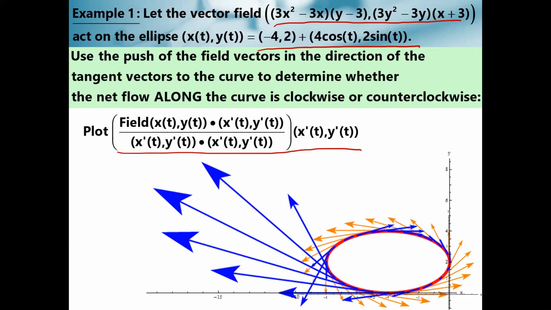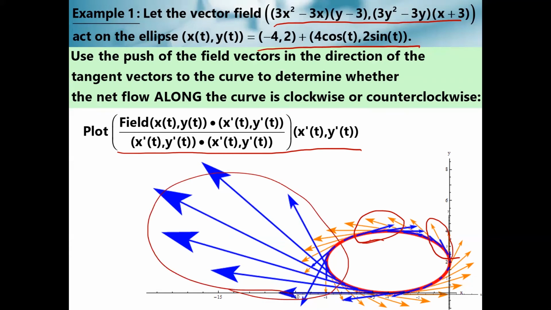And you could see, if you compare the direction of the tangent vectors with the push of the field vectors in the direction of the tangent vectors, when they're pointing in the same direction, we're getting a little boost. And when they're pointing in opposite directions, we're getting slowed; the wind is trying to slow us down a little bit. And when these vectors have a larger magnitude, that effect is exaggerated, right? The larger the magnitude, the stronger that push.